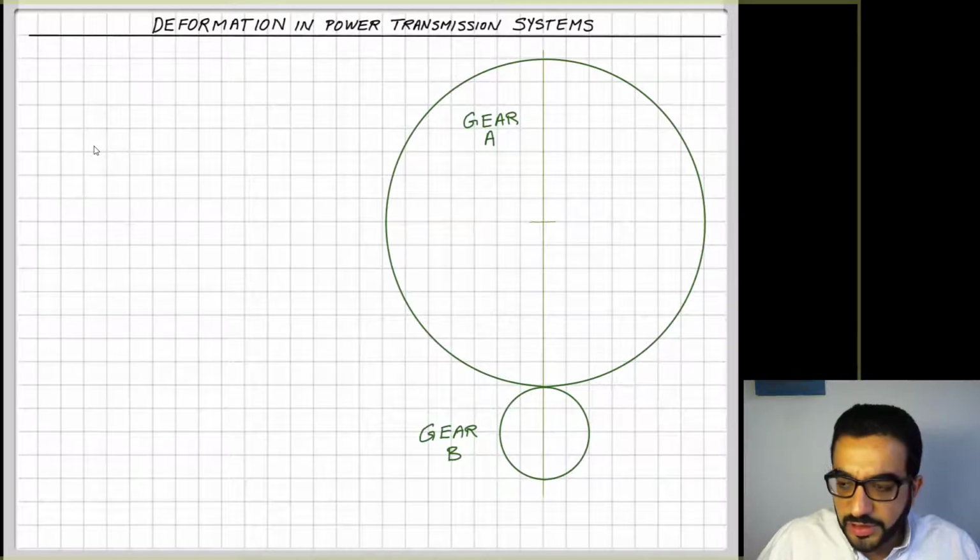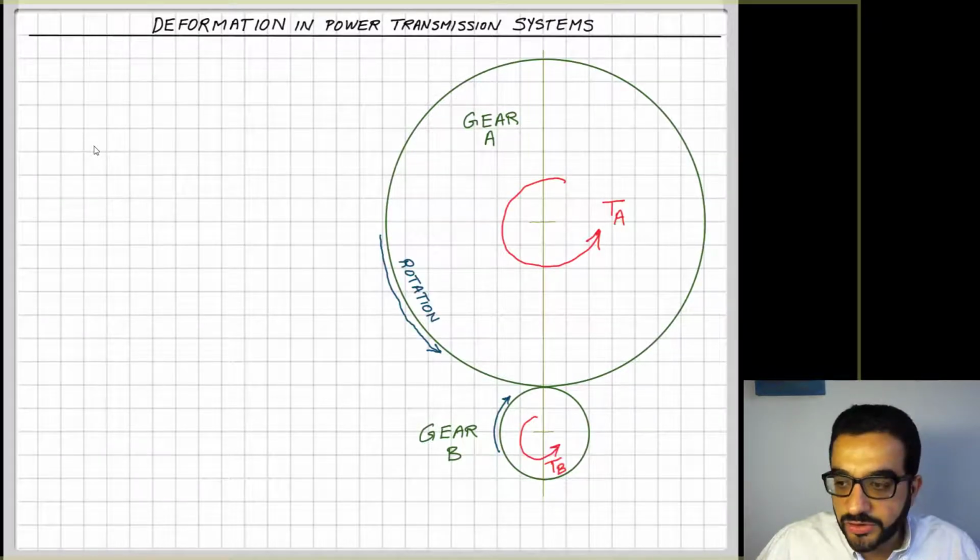Let's say gear A here is the driving gear, so it has torque TA, and that's the rotation of gear A going counterclockwise, and that causes rotation of gear B to be clockwise. And the torque TA is transmitted through the gear teeth of both gears in the form of TB.